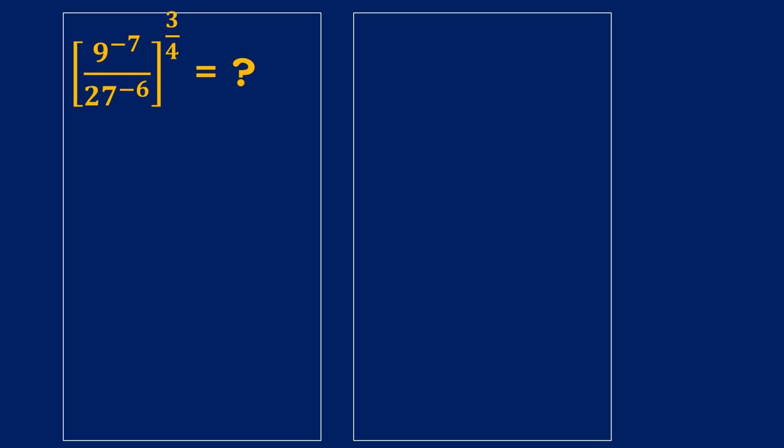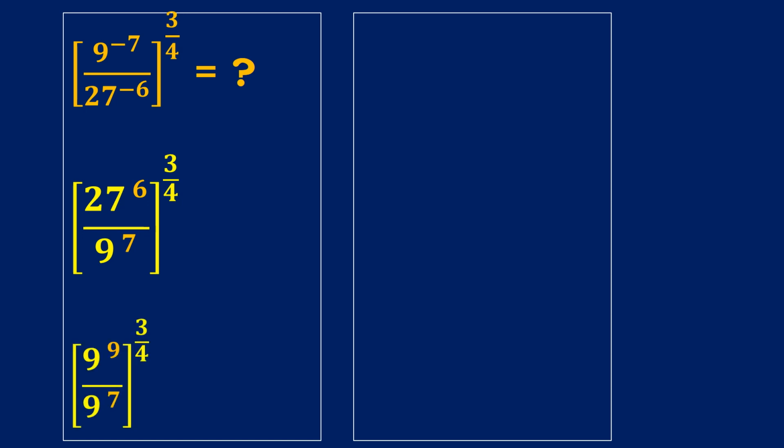Applying the inversion principle, we get 27 power 6 divided by 9 power 7 whole power 3 by 4. Now, we convert to common bases for the numerator and denominator values. To do this, 27 can be written as 9 power 3. Then the numerator value becomes 9 power 6 plus 3, which is 9 power 9.